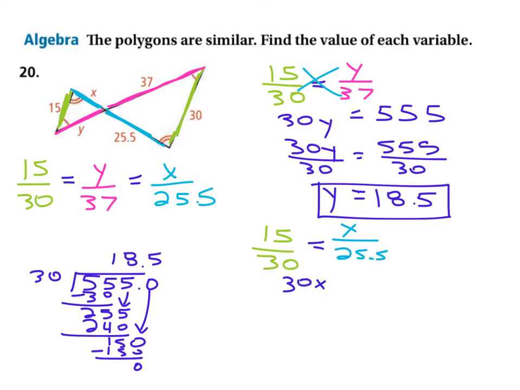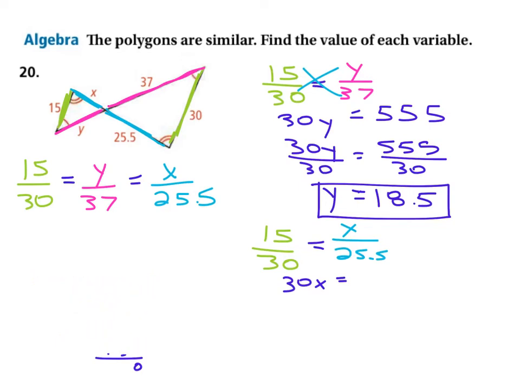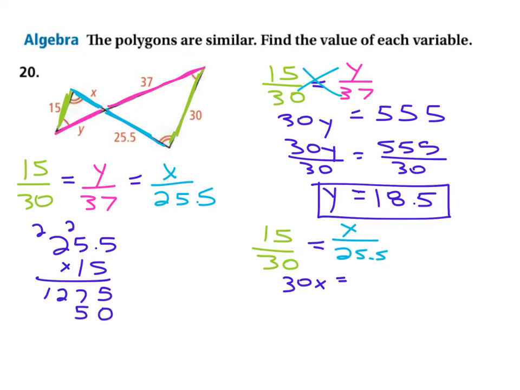And when we multiply those through, we get 30x equals, now we have to figure out what is 15 times 25.5. I'm going to erase our calculations over here to do that calculation. 25.5 times 15. 5 times 5 is 25, write 5 carry the 2, 5 times 2 is 10, 12, then a 0 placeholder, 1 times 5 is 5, 1 times 5 is 5, 1 times 2 is 2.